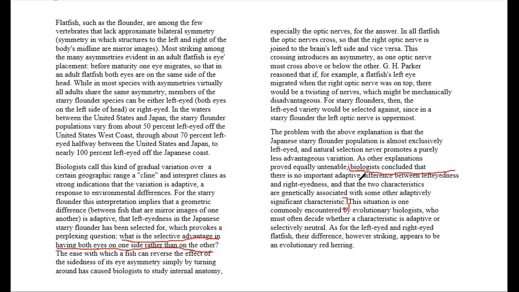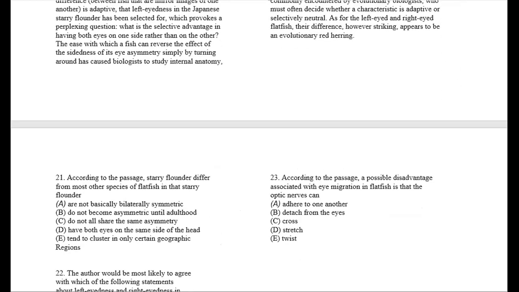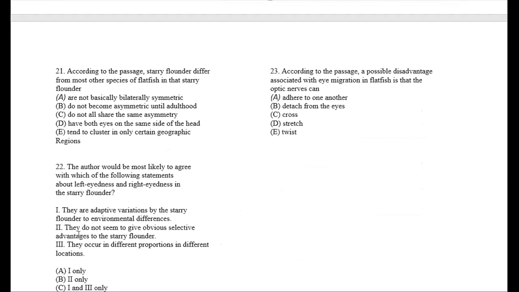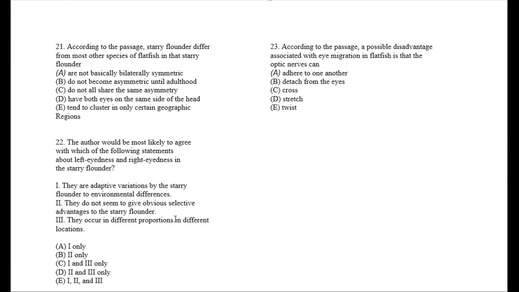So the conclusion is opposite to what the biologists set out to find, right? That is why we can clearly say that the second statement is correct in question 22, that they do not seem to give obvious selective advantages to the starry flounder. So the second is correct.